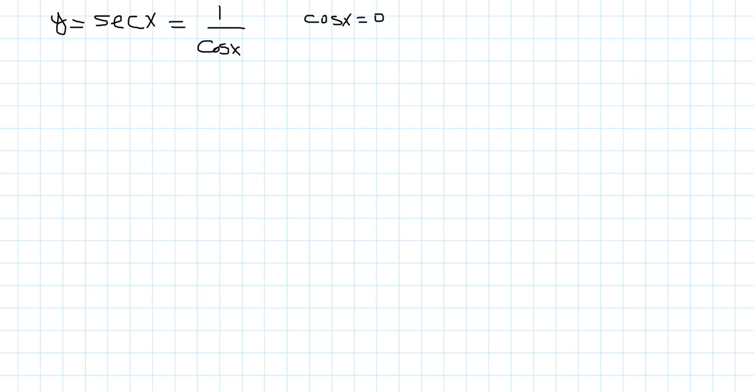So easily I say x equals n pi over 2, where n is positive or negative 1, positive or negative 3, positive or negative 5 and so on. At these points I have vertical asymptotes. Now I can draw my graph.